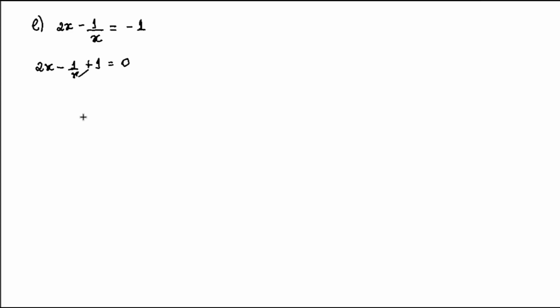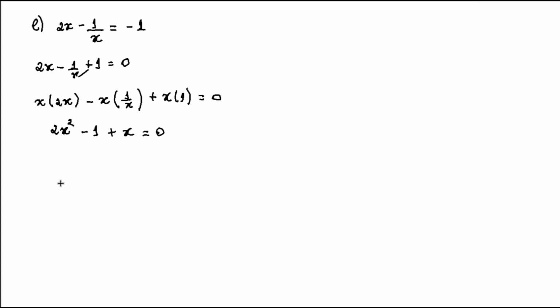Next, we will multiply the entire equation by x to eliminate the fraction. x times 2x minus x times 1 over x plus x times 1 equals 0. Simplifying the equation, we have 2x squared minus 1 plus x equals 0.